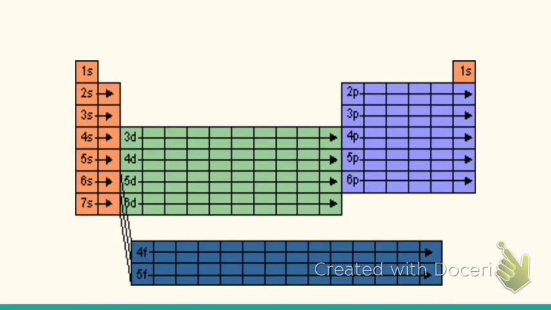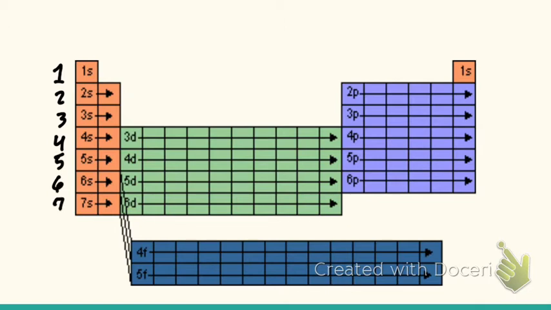All right, so what we have is our periodic table. How we're going to read this is like a book. With a book, we're always going to start at the beginning, so we're always going to start at row 1. This is row 1, row 2, 3, 4, 5, 6, and 7.